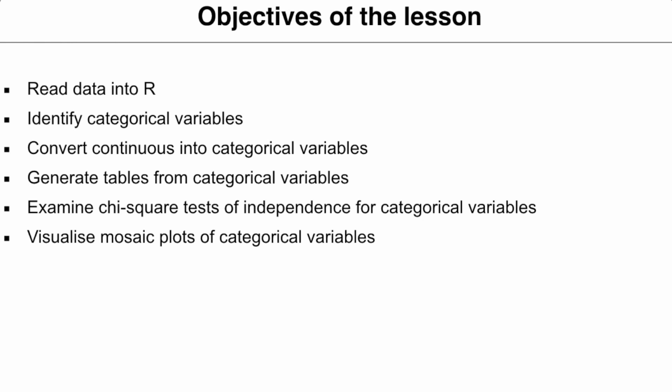Categorical variables are those which have individual levels that are distinct from each other. An easy example is gender. Gender has two levels, male and female, and these are complete by themselves and exclusive of each other.